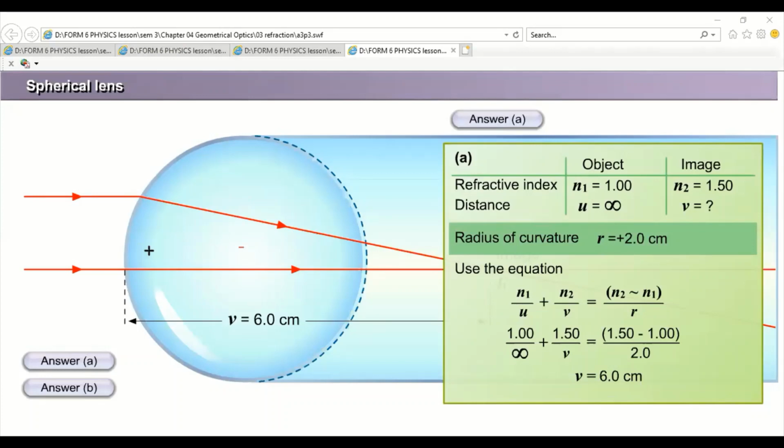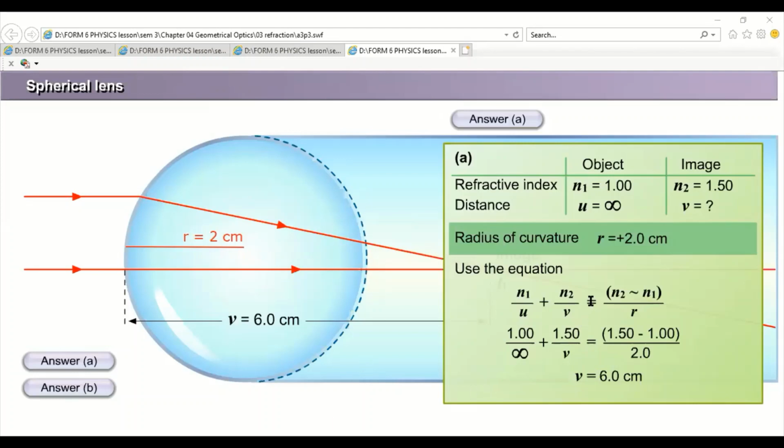Okay, from the center, this will be the R. R is equal to 2 cm. When R is equal to 2 cm, this means that the diameter will be equal to 4 cm.